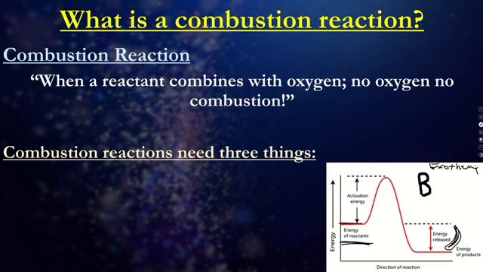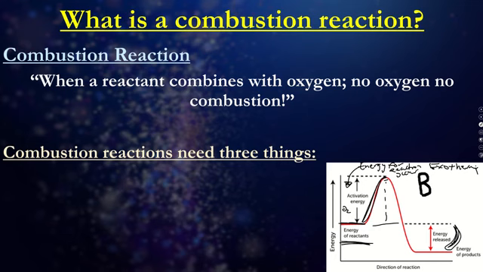It means at the start, some kind of metal or some kind of hydrocarbon reacts with oxygen. If it overcomes this energy gap, this bit here, what we call the activation energy, so the amount of energy required for a reaction to occur, then we get a combustion reaction.